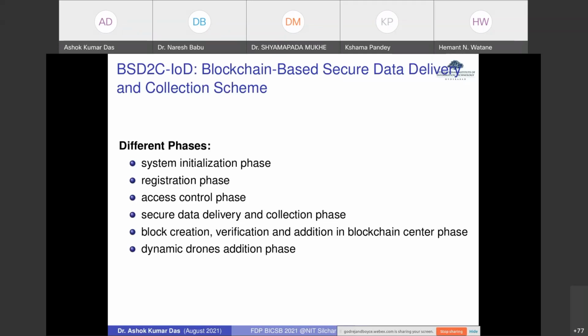All the delivery-related and collection-related transactions are securely gathered by the GSS. Then those transactions are used to form a block, verify the block, and add the block to the blockchain using consensus mechanisms. Finally, we also have a phase known as the dynamic drone addition phase. Sometimes, as I have told you, some drones can be physically compromised. Hence, we also need to add some new drones to the network.